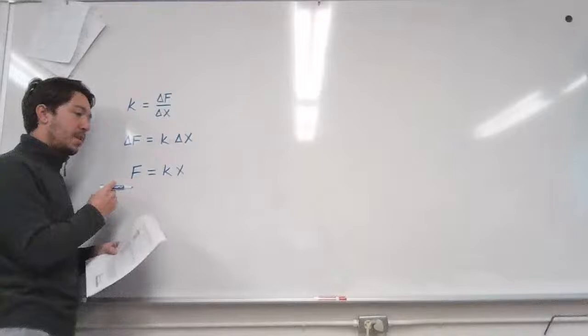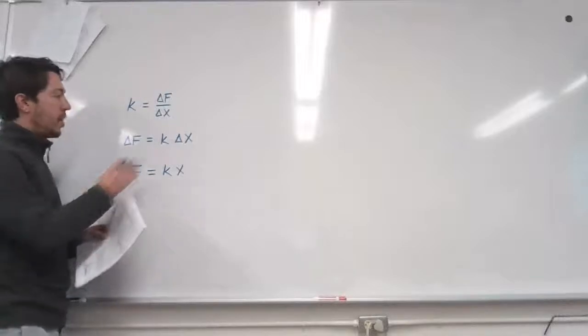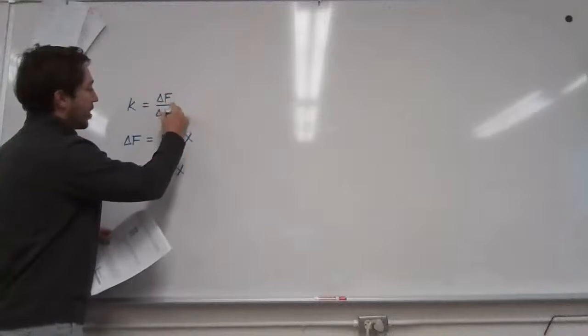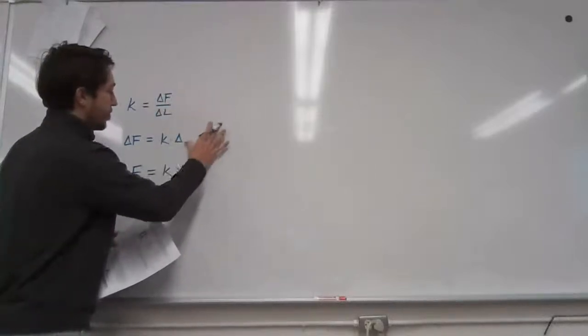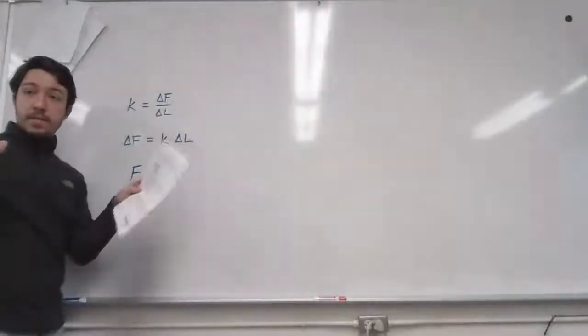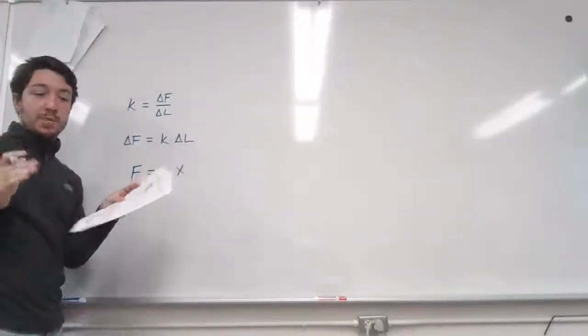But it means you can't now, I'm sorry, this is supposed to be an L, wasn't it? So if you're looking at the length of the spring versus the displacement.